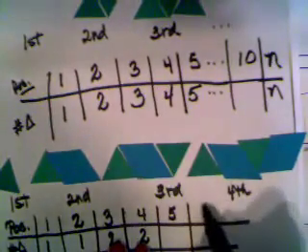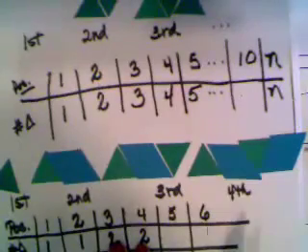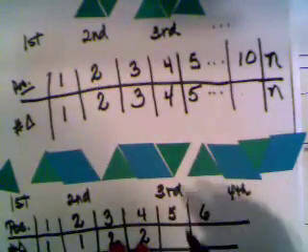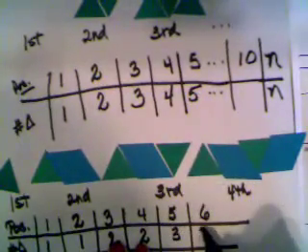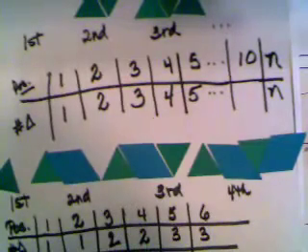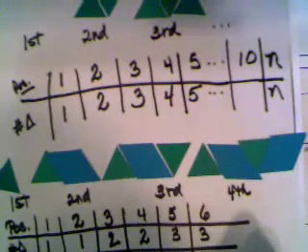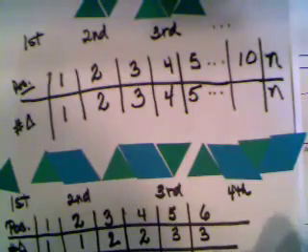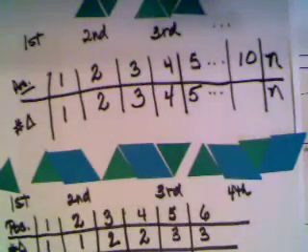So we can predict that the fifth and sixth might have three triangles, and for the fifth and sixth on the parallelograms, you might have two for the fifth, but for the sixth, you might have three.